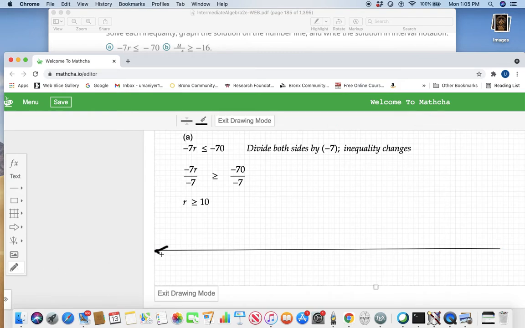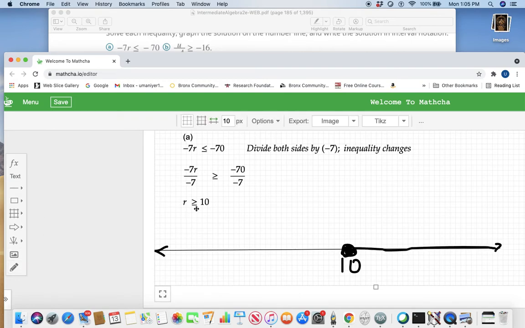Okay, so somewhere on the number line you have 10, which is included. So notice it is included. That is, equality is allowed. So I'm going to fill in the point 10 and then you go to the right.